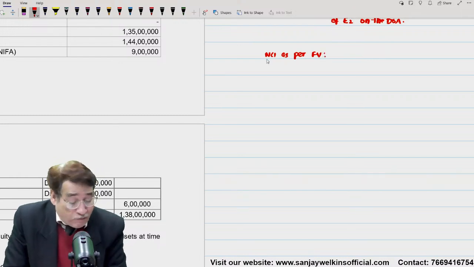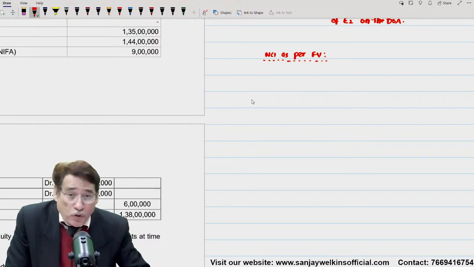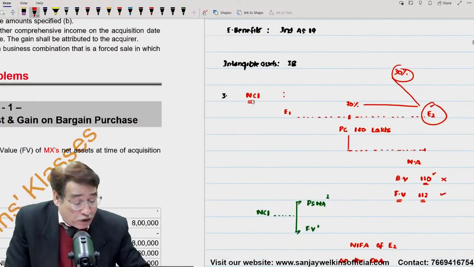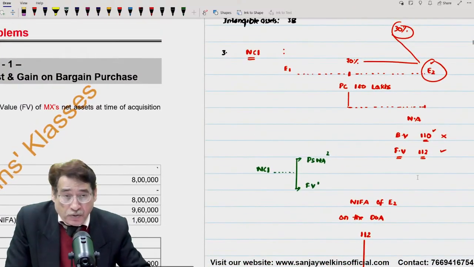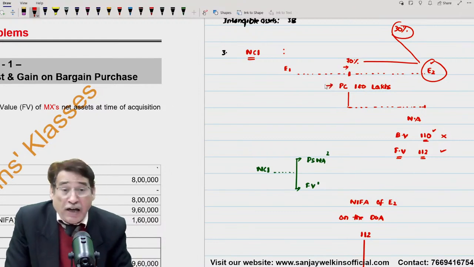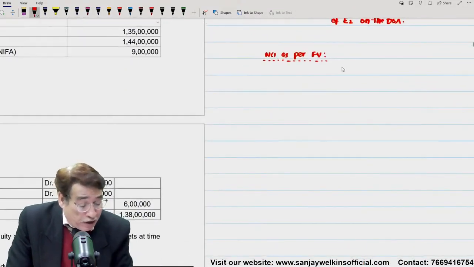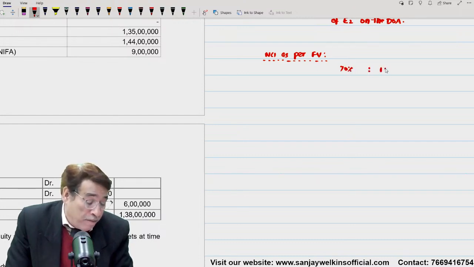In this case, you will have to look towards the consideration which you have paid to acquire the control. For example, in this particular case, in order to get 70% control, you have given 140 lakhs rupees. Is it clear to you? So, first of all, you will write here 70%, amount paid is 140 lakhs.